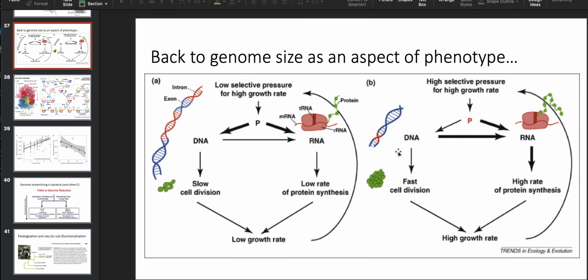You can reduce your genome so you just have less information to copy, faster cell division potentially, barring the fact that you still have to acquire nutrients somehow. Or you can have higher rates of protein synthesis, which in some nutrient conditions can end up resulting in higher growth rate.